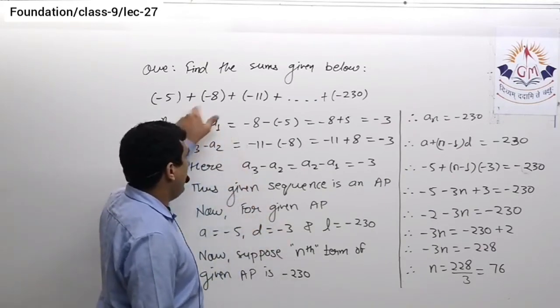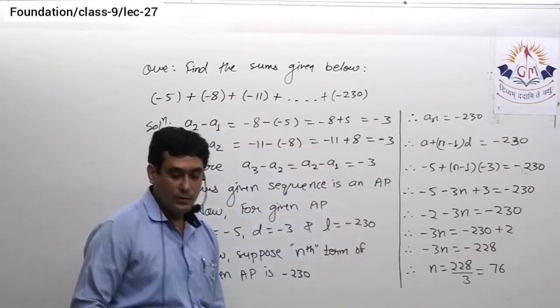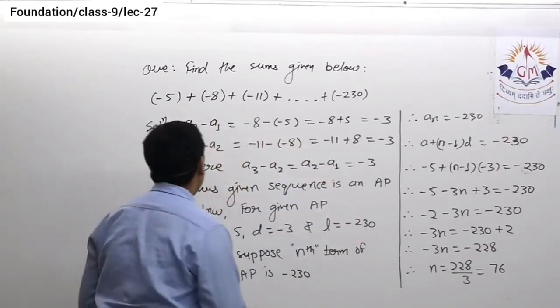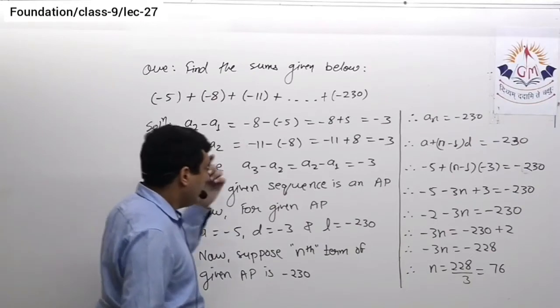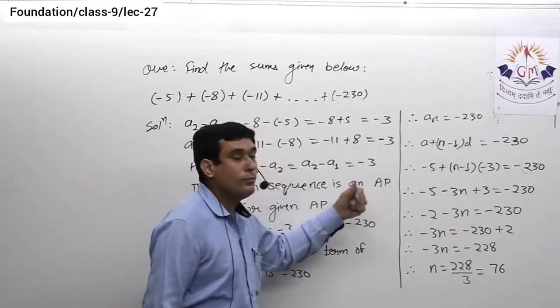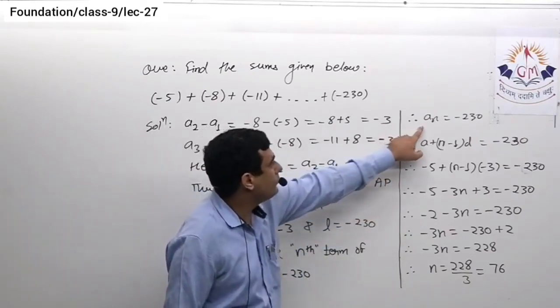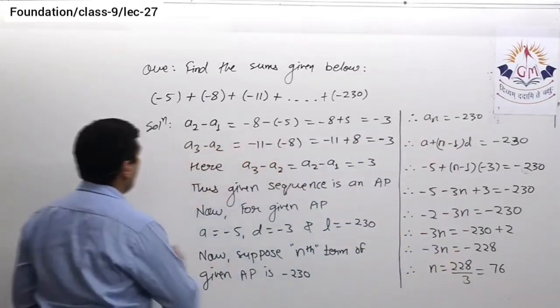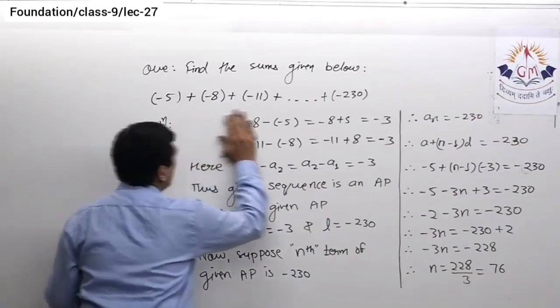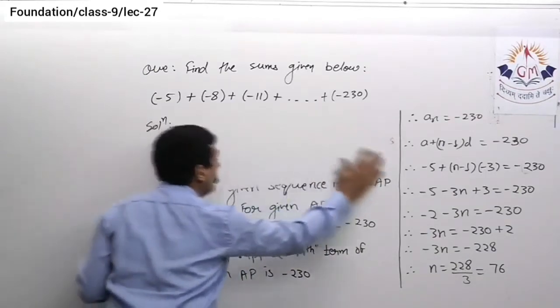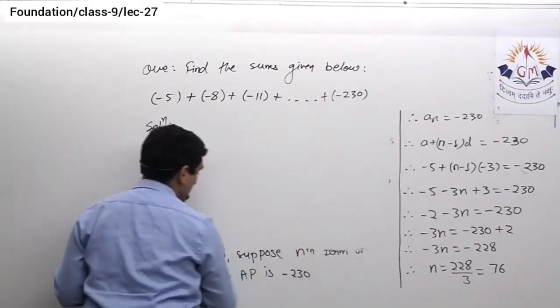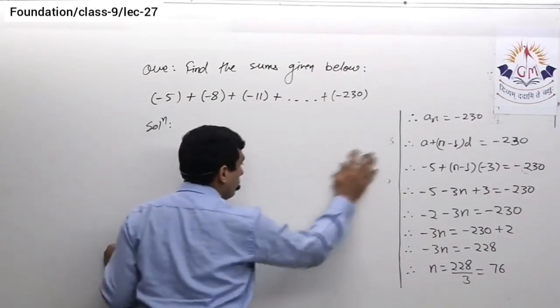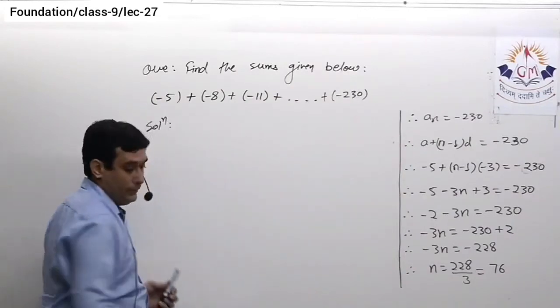That means we have A, we have D, as well as the number of terms. One thing more over here, this is the first question in which we use both formulas. First we use the nth term formula to get n, and then we use the formula to find the sum. Also here we have to use one concept in which we show that the sequence is an AP.